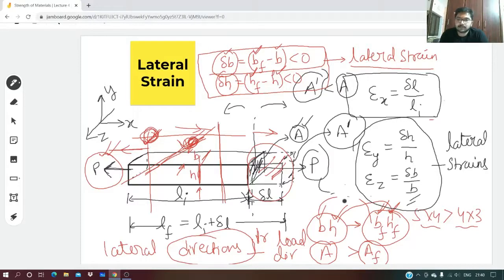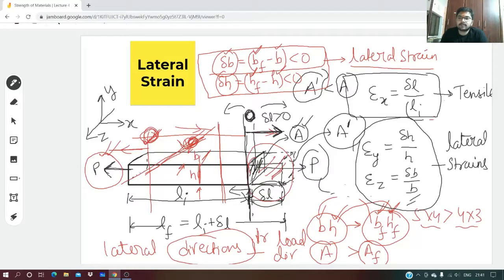Observe one thing. If this strain is due to tensile load, then what will tensile load do? It will stretch, right? That means stretching means delta L is positive. It is not pushing backwards. So if we take this as 0, the base value, from that cross section it is being stretched, that means delta L is greater than 0.